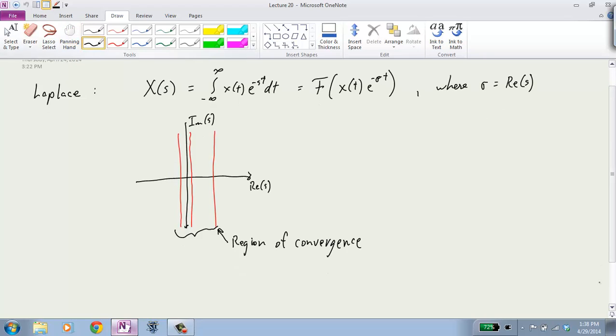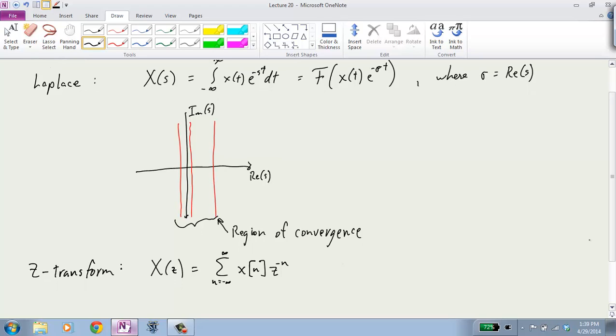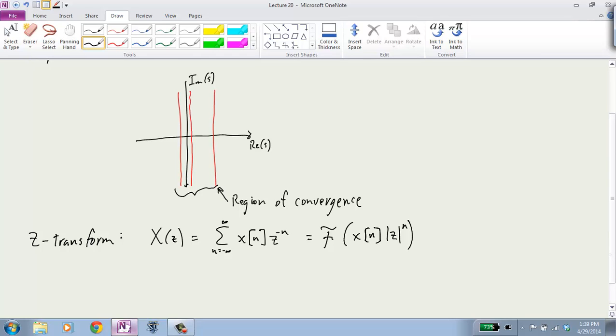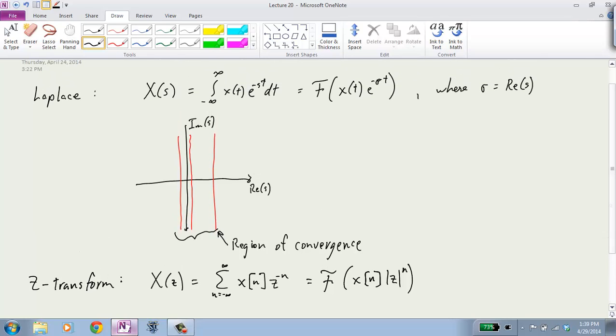Okay, then we have a Z transform, which as we wrote, X of z is a sum, which we can also say is the Fourier transform of x[n] times the absolute value of z to the n. When I say it's that, I should be a little more clear.